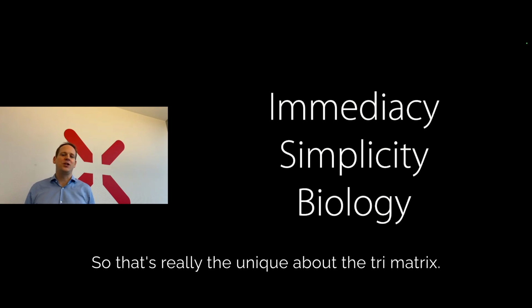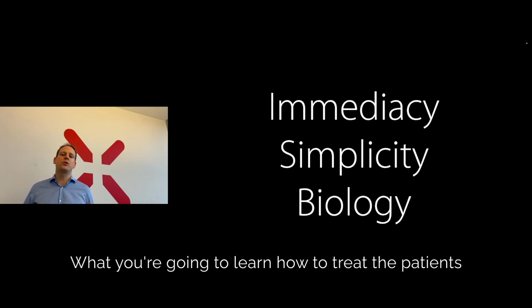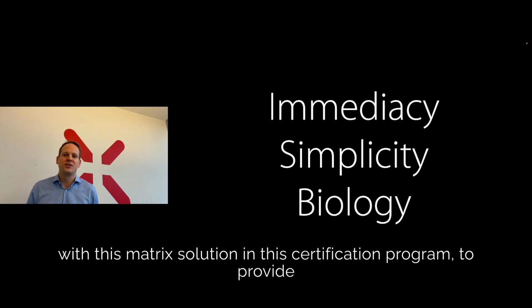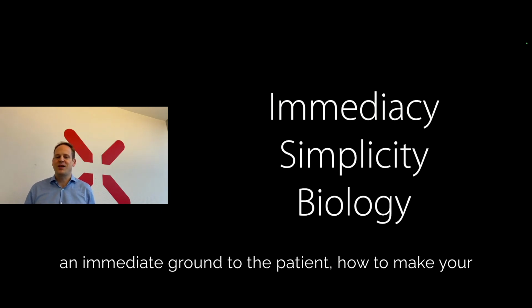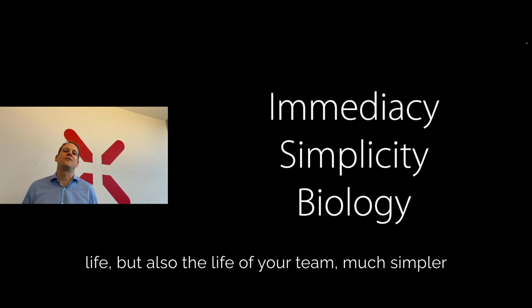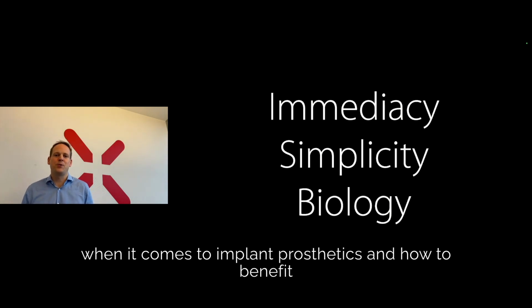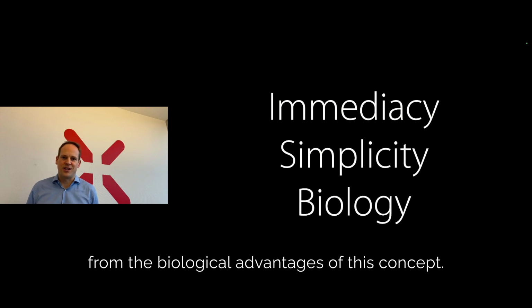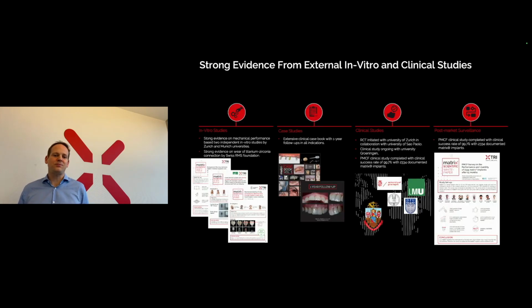That's really the unique thing about the TRI matrix. You're going to learn how to treat patients with this matrix solution in this certification program, to provide an immediate crown to the patient, how to make your life, but also the life of your team, much simpler when it comes to implant prosthetics, and how to benefit from the biological advantages of this concept.